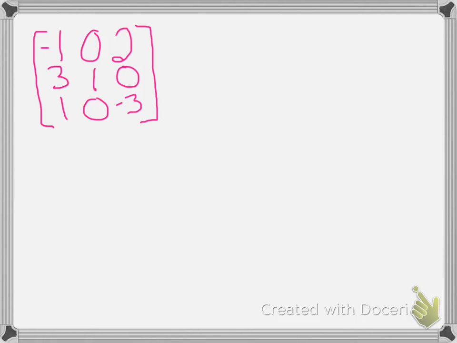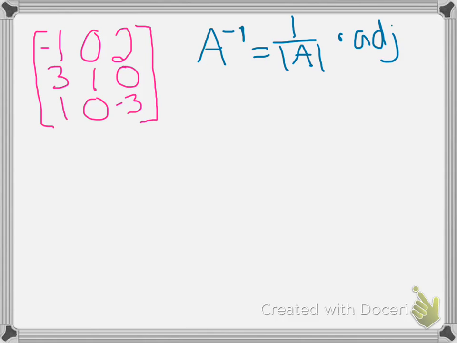So we have to find the determinant of A, because if we remember, our equation was the inverse of A equals 1 over the determinant of A times the adjoint of A.